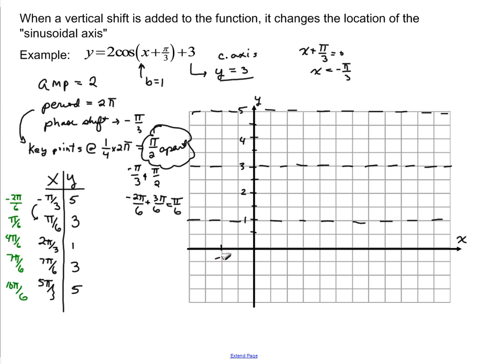Now, if you don't see it, let me mark off my axes right here. Here's negative pi over 3. Each of these blocks right here is pi over 6. So here's pi over 6. Go 1, 2, 3 more over. We're at 2 pi over 3 here. Go to 7 pi over 6.